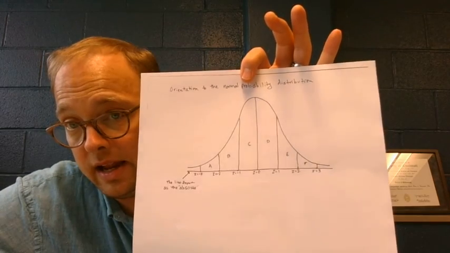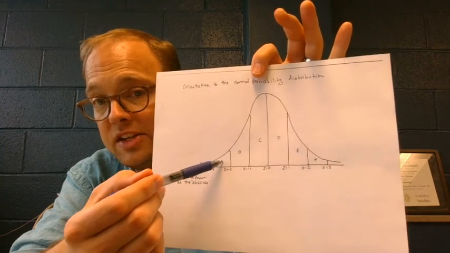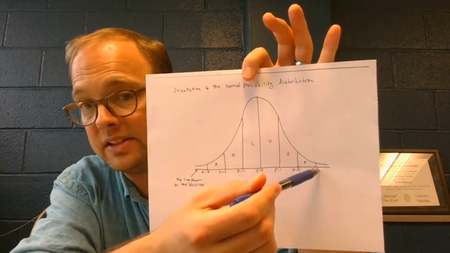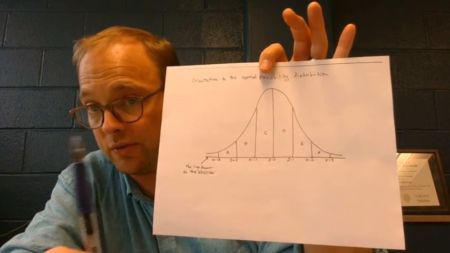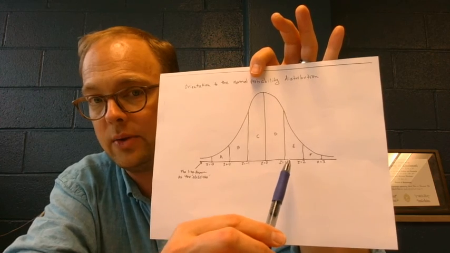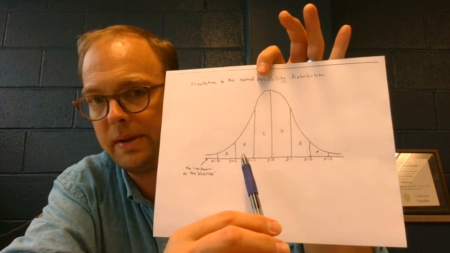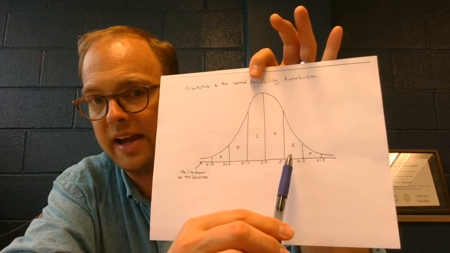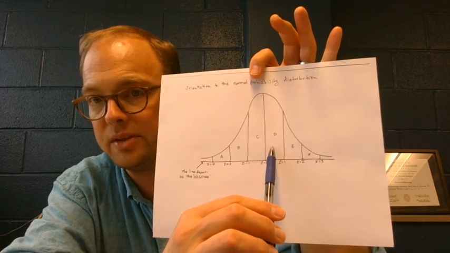Because it's symmetrical, that also means that if we divide each half equally into pieces, certain pieces have to be equal to each other in size. So, for example, piece A is equal in size to piece F. Piece B is equal in size to piece E. Piece C is equal in size to piece D.